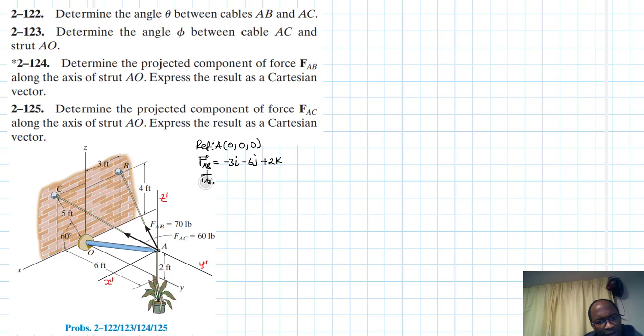Let's find this magnitude using Pythagoras theorem. So 3 squared plus 6 squared plus 2 squared is 9 plus 36 plus 4, 49. So this is 7. That's the magnitude.